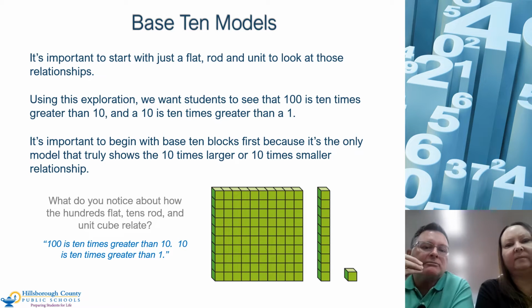You want to hear that math chat as they're building the relationship between those tools, that flat, that rod, and that small cube, saying that the rod is 10 times greater than the cube, because a lot of students will say it's 9 more, but that's not the context of this and building that comparative reasoning. It's 10 times greater, so that they're seeing it as multiplication. Exactly, and some kids might actually need to take 10 cubes and put them on top of the rod to see that 10 times greater relationship.